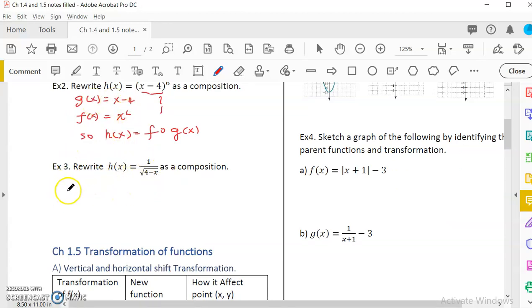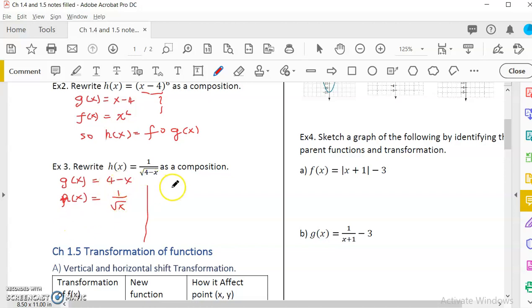What about this? So I see h of x equal to 1 over square root of 4 minus x. Now, there's different ways of doing this. So one way is looking at the inside as 4 minus x, right? At the beginning, I do 4 minus x. And then the outside f of x would just take this, square root it, and then do 1 over.